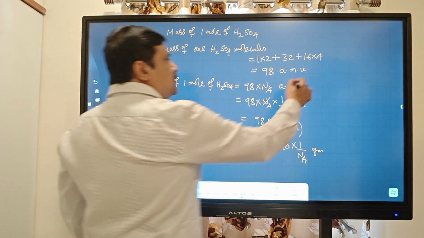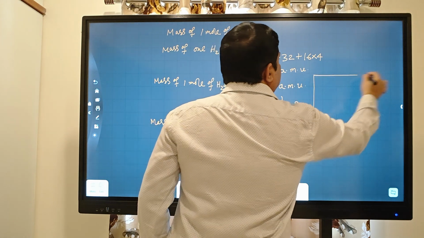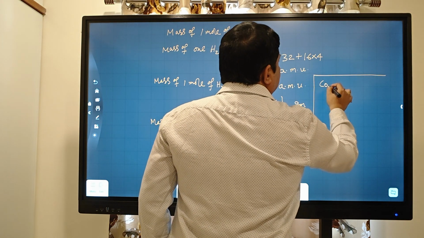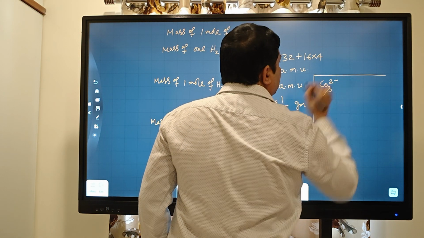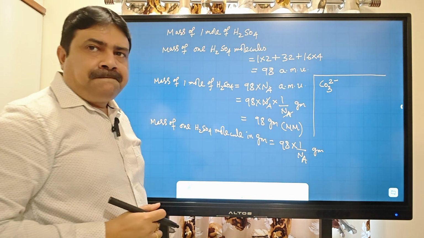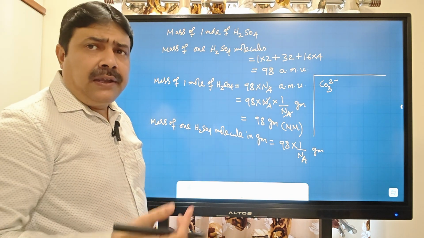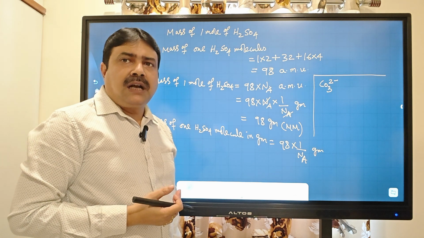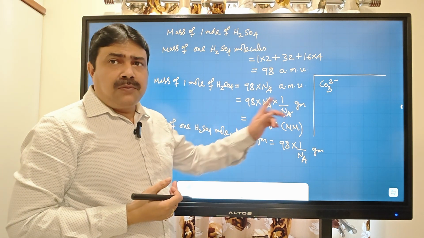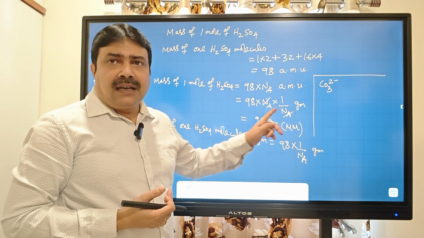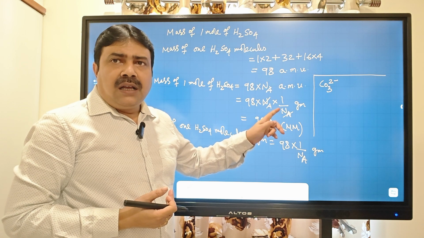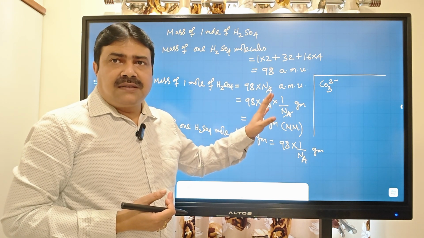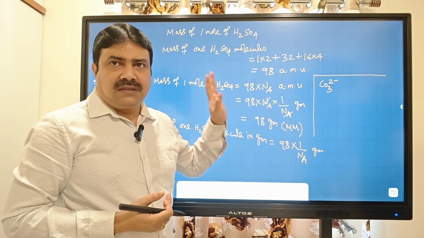Now for ions also, you check it out. Briefly we discuss. Suppose I have CO3 2 minus. Generally, in the case of an ion or an ionic compound, one formula unit is taken as the molar mass. Whatever atoms are in the formula, that formula's amount of mass is nothing but the molar mass. Is it clear?